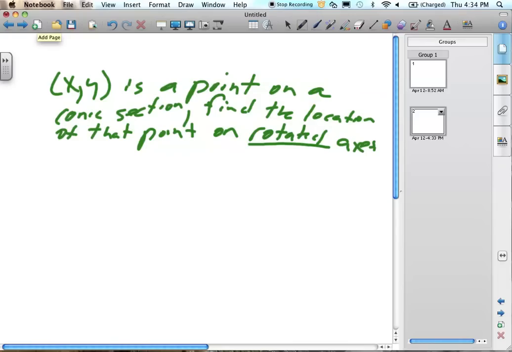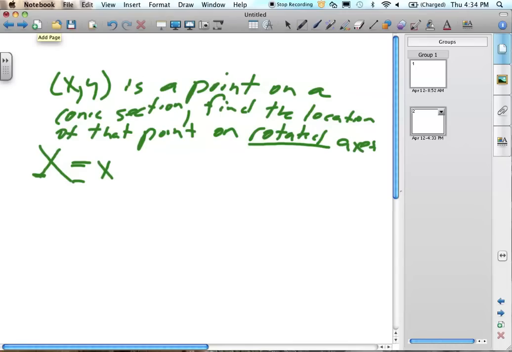Capital X is the x-coordinate on the rotated axis.